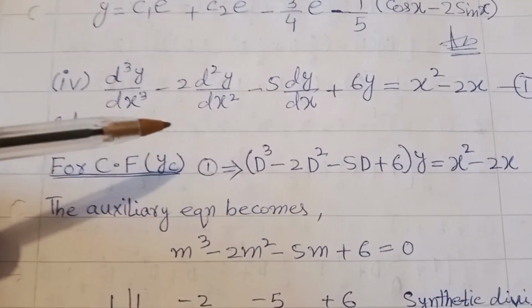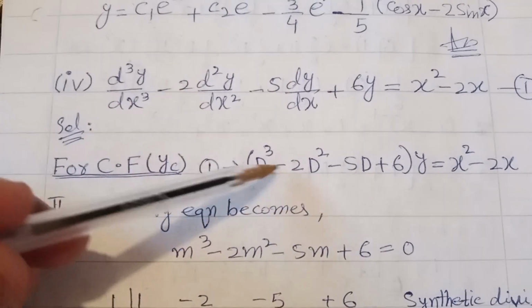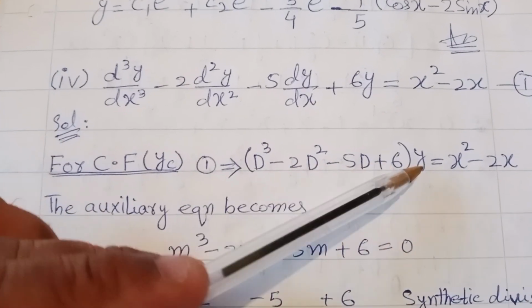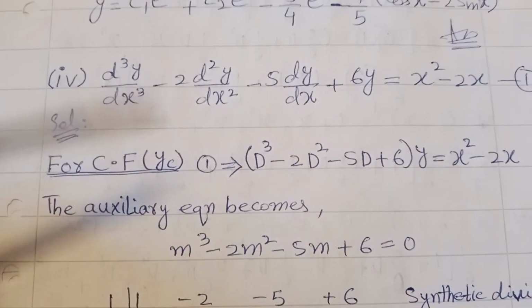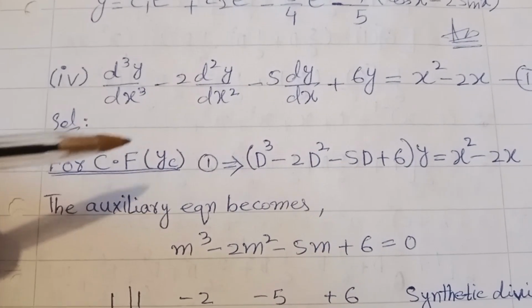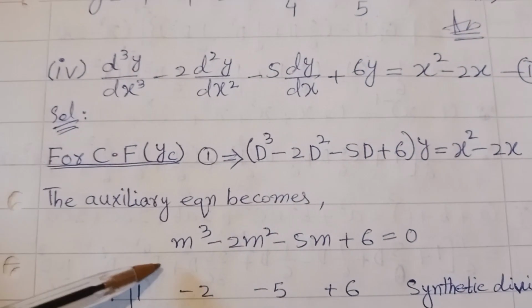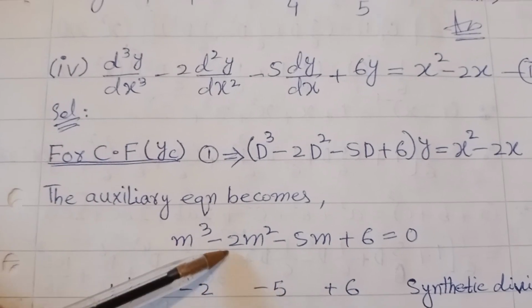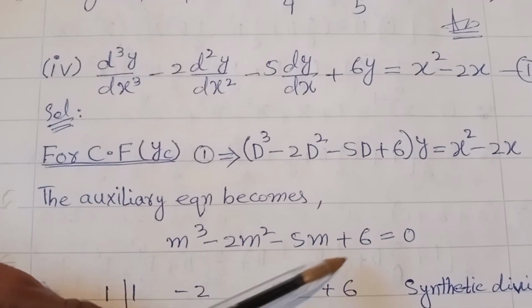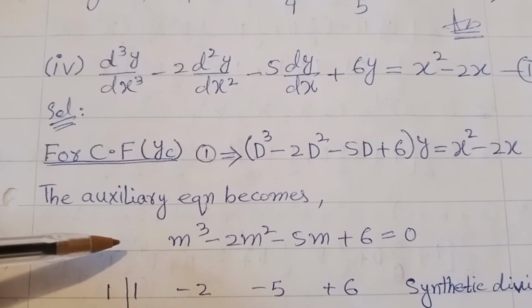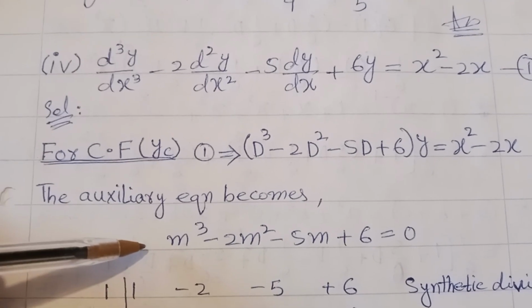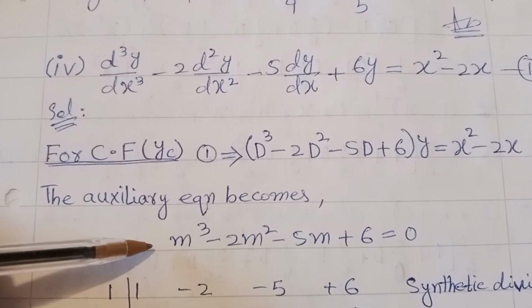So d cube minus 2d square minus 5d plus 6y is equal to x square minus 2x. So the auxiliary equation of this differential equation becomes m cube minus 2m square minus 5m plus 6 is equal to 0.